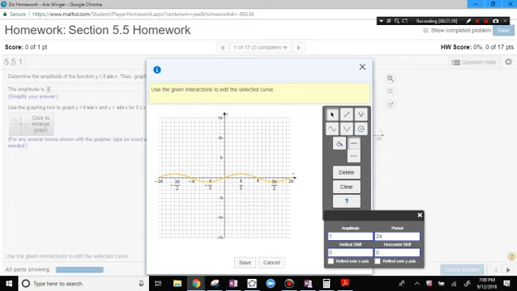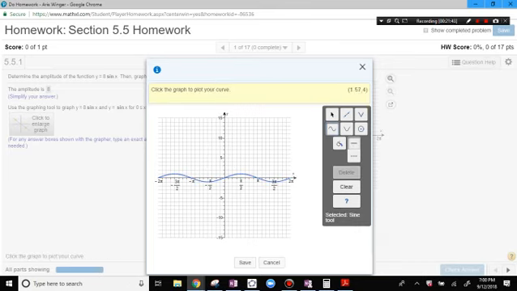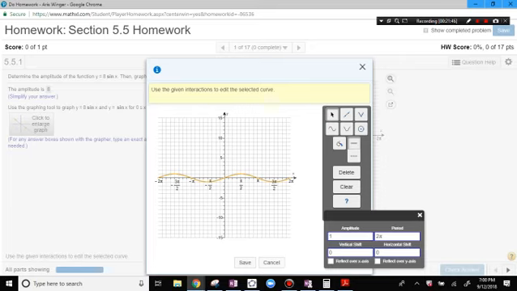If you click on the sine tool again, it'll give you another one, but then you can change that one according to these boxes. The boxes just allow you to put in the very important information that you need in order to graph it.